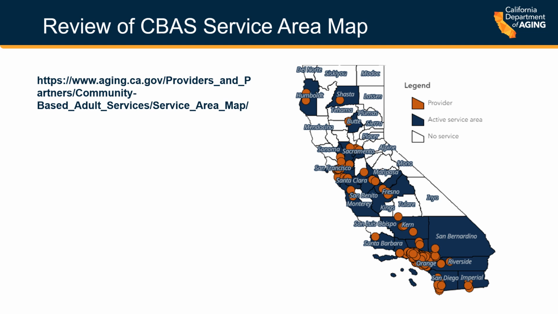On the website, you can click on the counties shown in blue that are active service areas. From there, it will bring up a list of all CBAS providers certified there. The goal is that one day, California will have at least one CBAS certified center in each county.